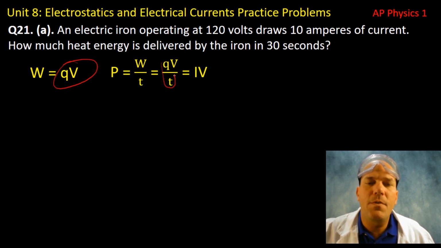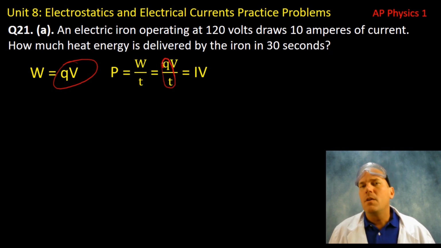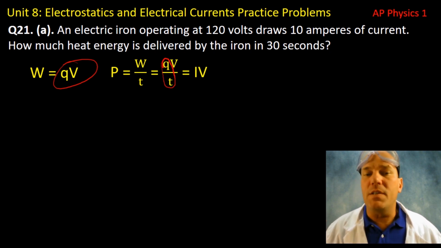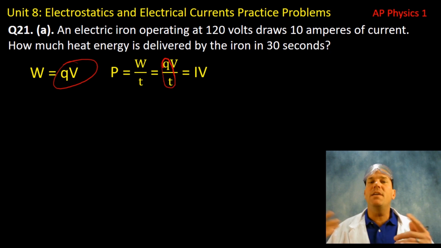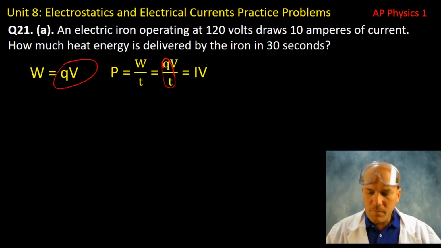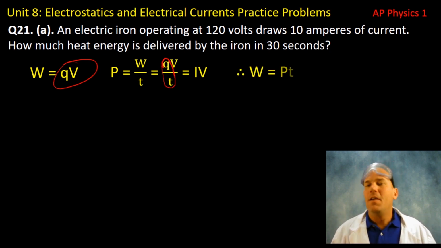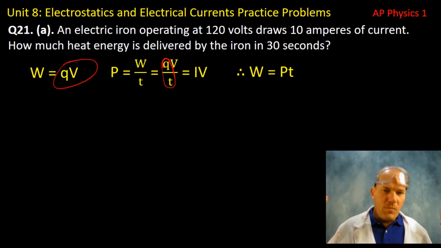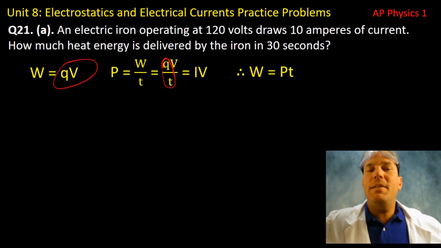Well, this should look familiar here. Charge over time is current. So Q divided by t is equal to I, which is the current. Therefore, work is equal to power multiplied by the time.